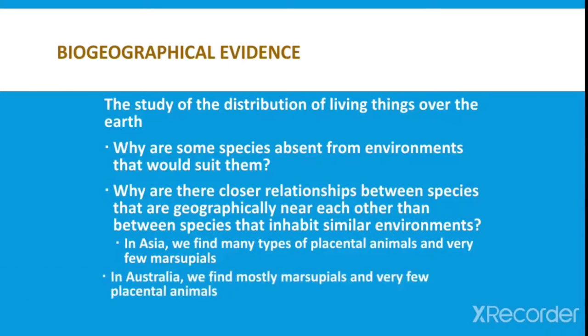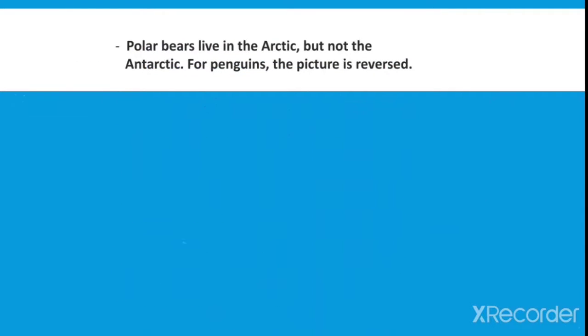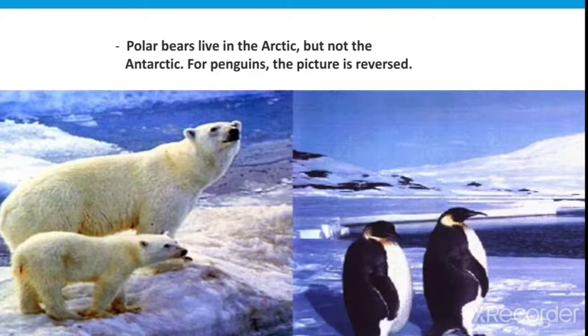In Asia, we find many types of placental animals and very few marsupials. But in Australia, we find mostly marsupials, kangaroo, and very few placental animals. Polar bears you will find in the Arctic, you will never find them in the Antarctic, but penguins you will only find in the Antarctic and never in the Arctic region.